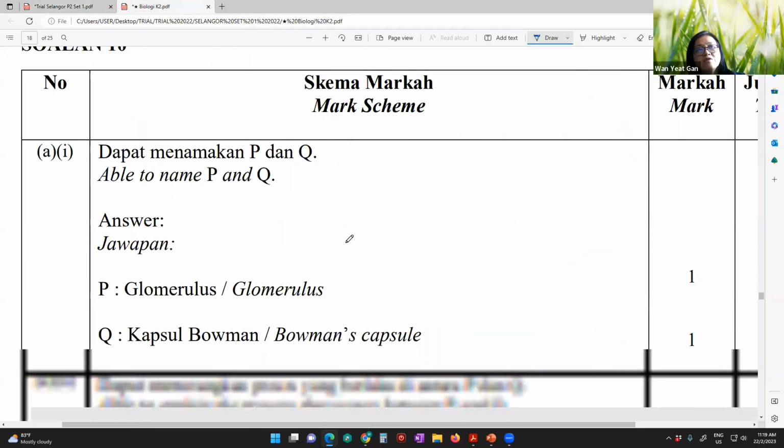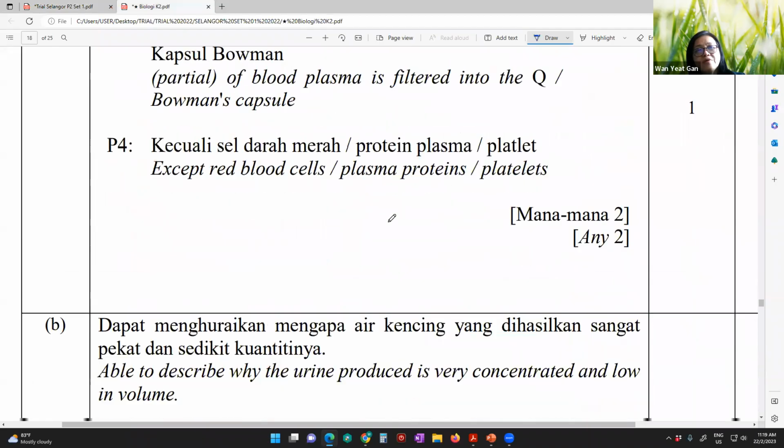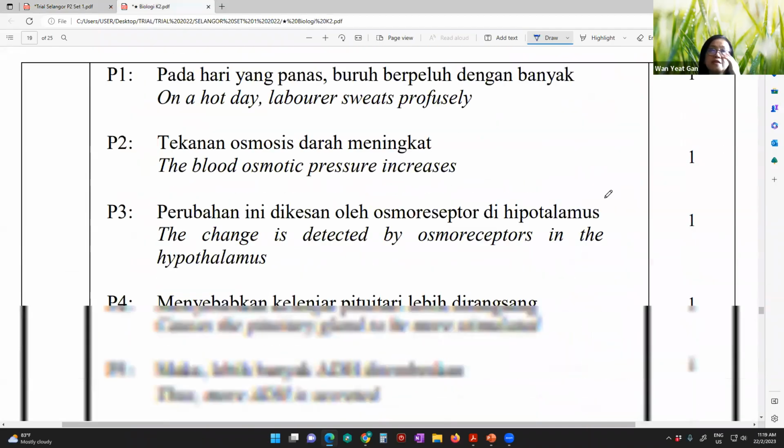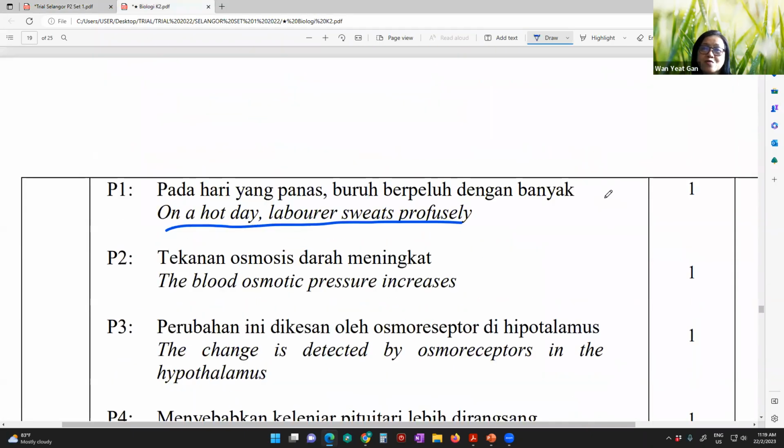On a hot day, you know that the laborer will always sweat profusely. They will lose a lot of water through sweat, and therefore their blood osmotic pressure is definitely going to increase. Okay, so when BOP increases, this change in the blood osmotic pressure is detected by a receptor. The name of the receptor is osmoreceptor.